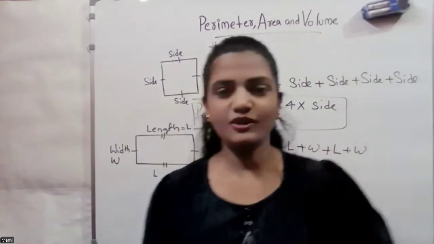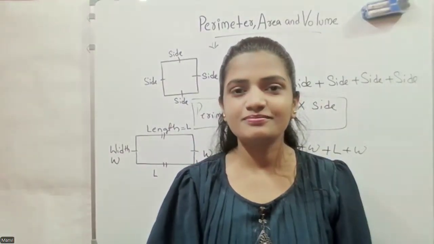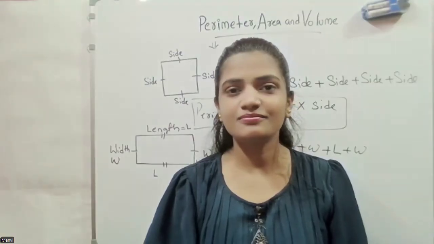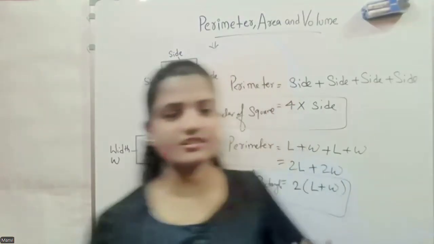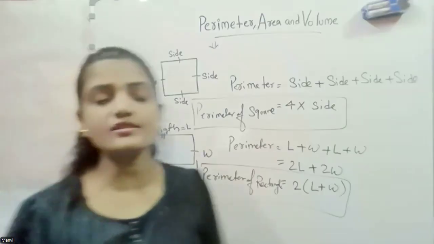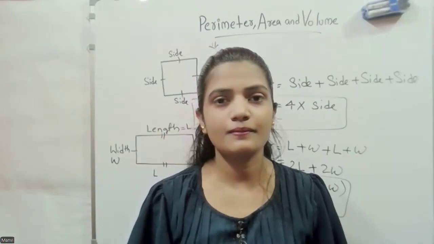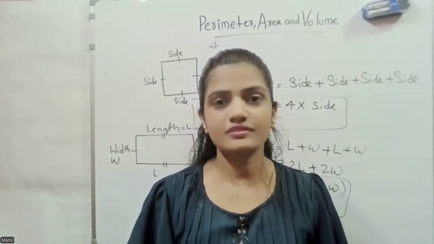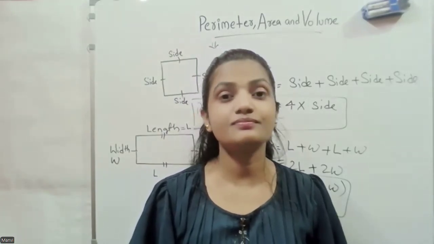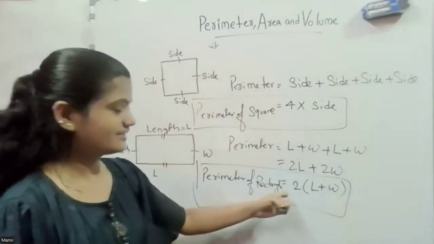Now tell me, what is the perimeter of a square, Kavya? Square is when side plus side plus side. No, just this formula. Remember, just this: 4 times side. Yeah. What is the perimeter of a rectangle? 2 times length plus 2 times width.